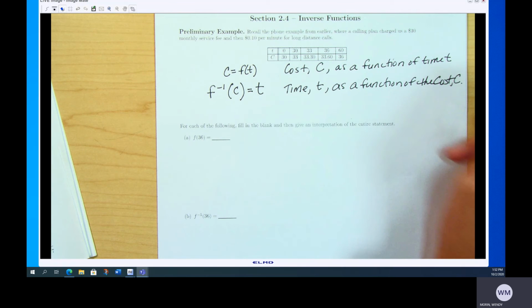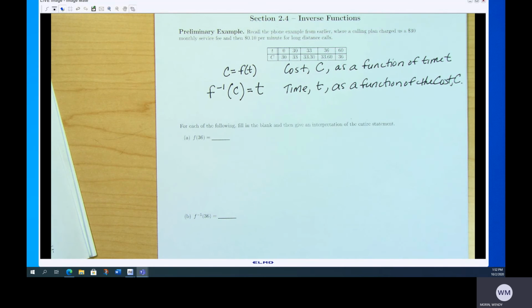In this case, C. Okay, so a little bit different.